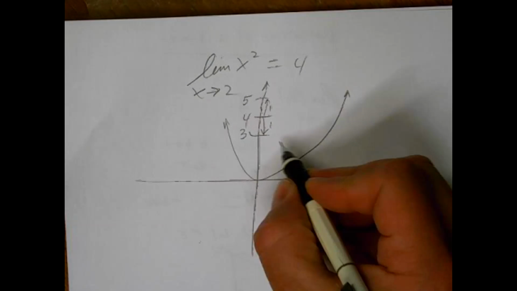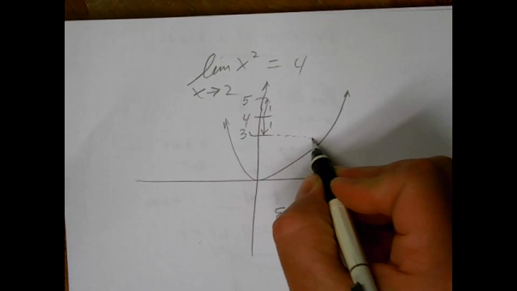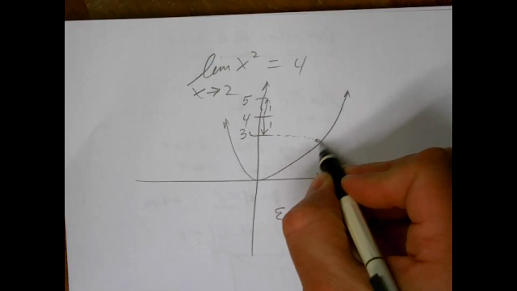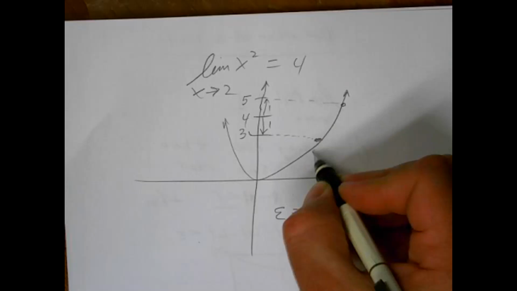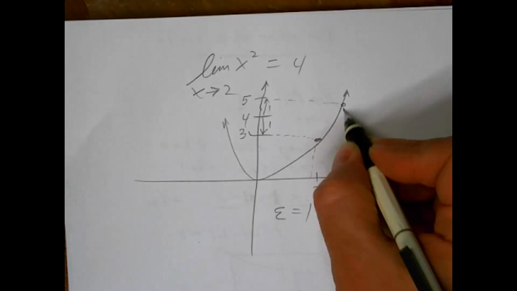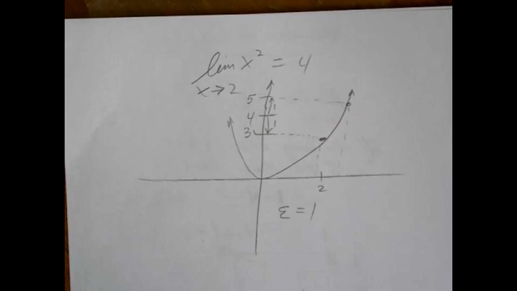All right, then you could come over here and say, well, that can be done. I can get this function within 1 unit of 4 if you just let me get close enough to 2. Well, how close? Well, let's see.